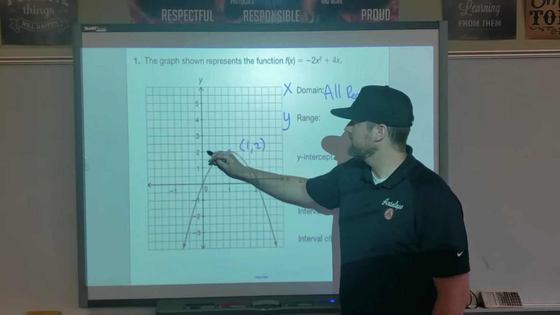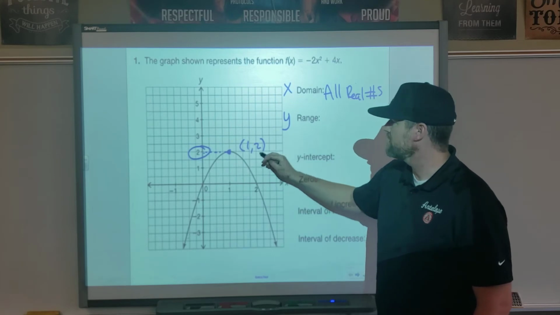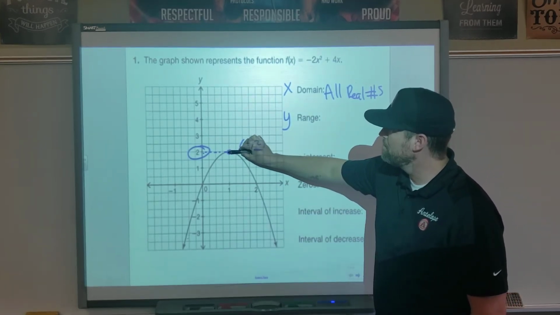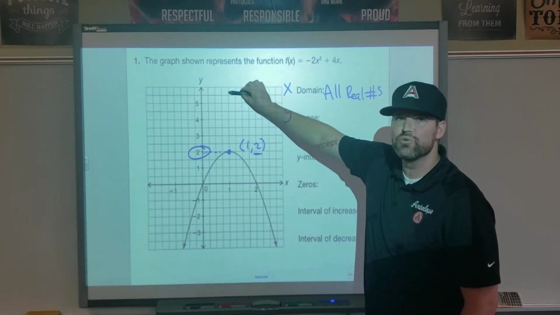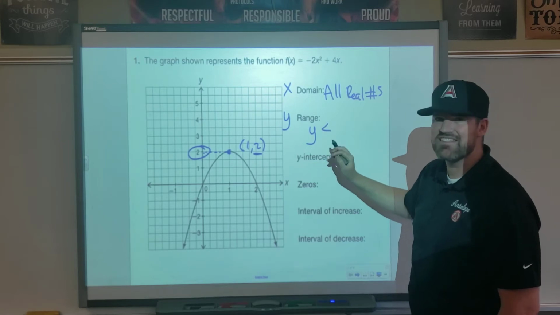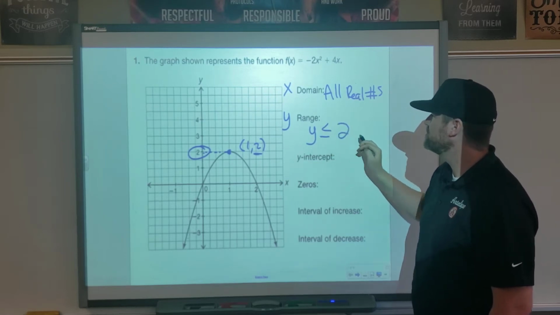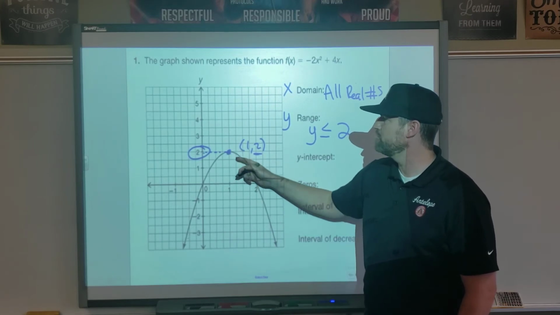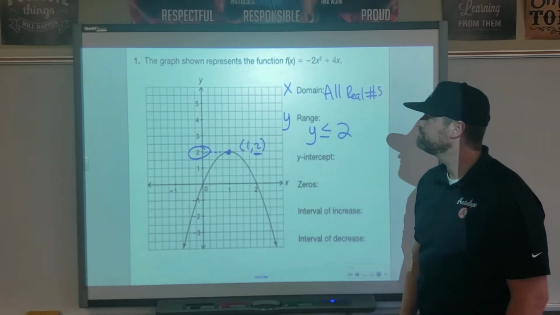And if we go over here, that's a y value of 2, right? Our y value of 2. So this graph will never go above a y value of 2. So every y value on this graph has to be less than or equal to 2. We're definitely below 2. Right here we're equal to 2, but we never go above 2.